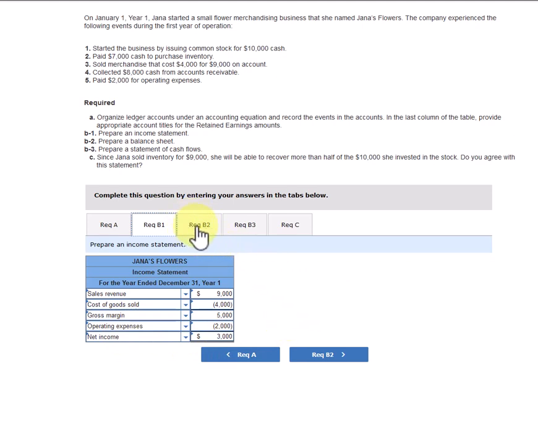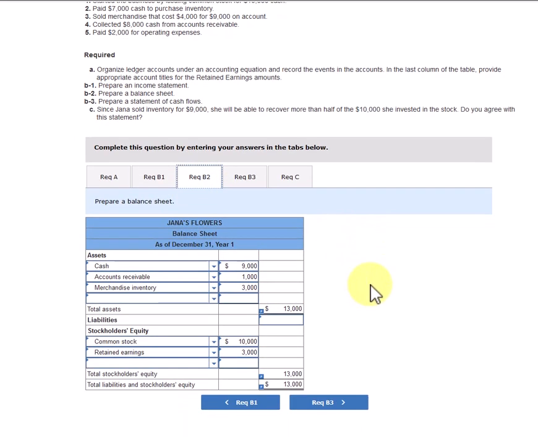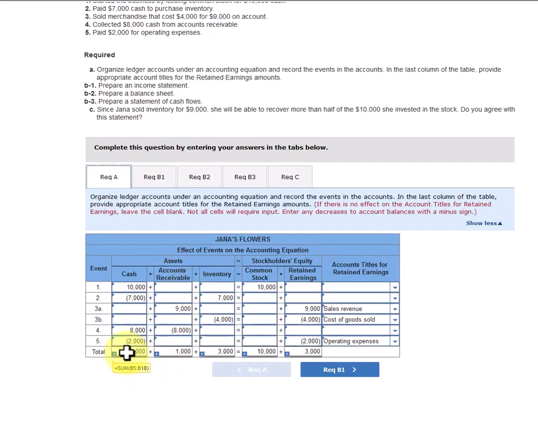Now we're going to hop over to requirement B2, which is preparing a balance sheet. This is where it's really going to be helpful to make a note of those balances from requirement A, because here's what I want you to notice. All of these balances that we have listed are coming directly from the balances that we have here.